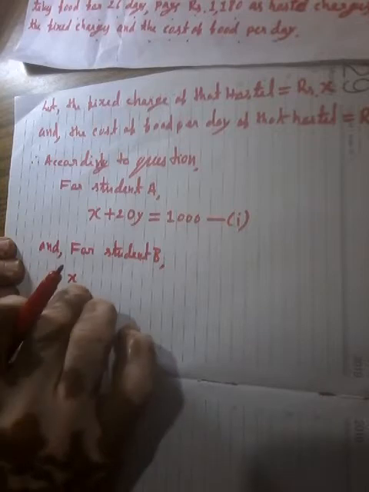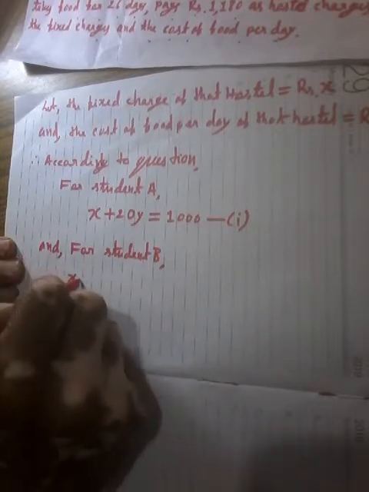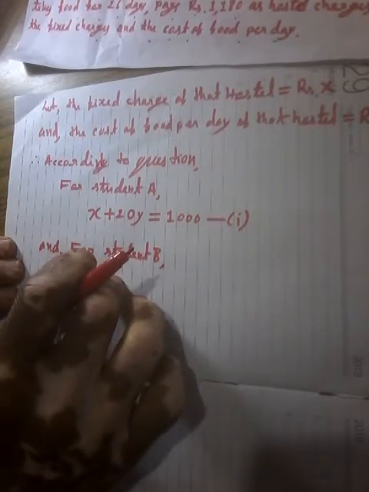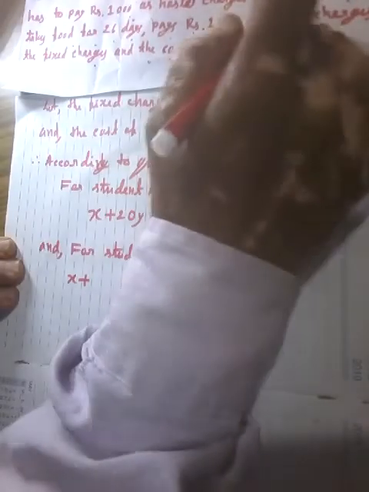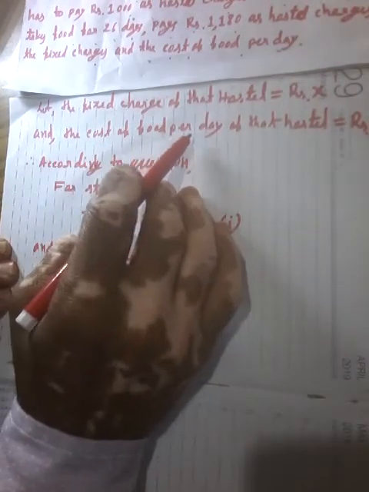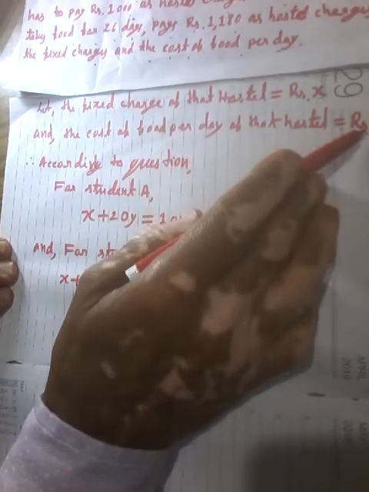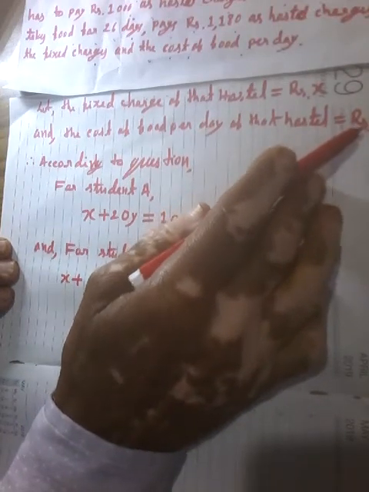So we have to write x here, plus the part for which the student B pays his bill for fooding. The student B pays his bill for fooding for 26 days. So the cost of food per day of that hostel is rupees y.